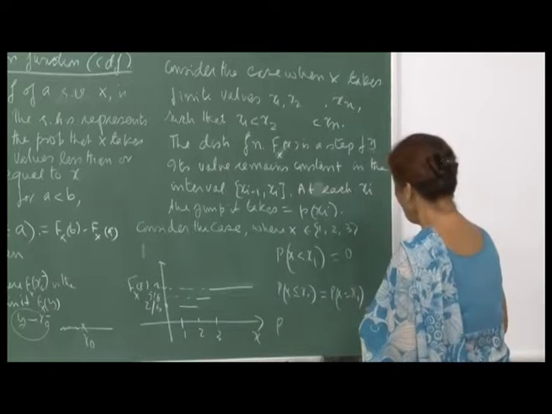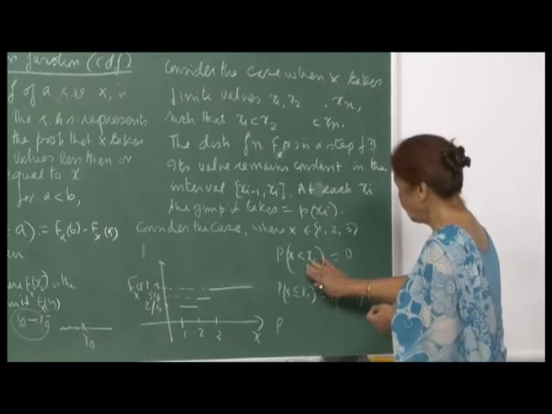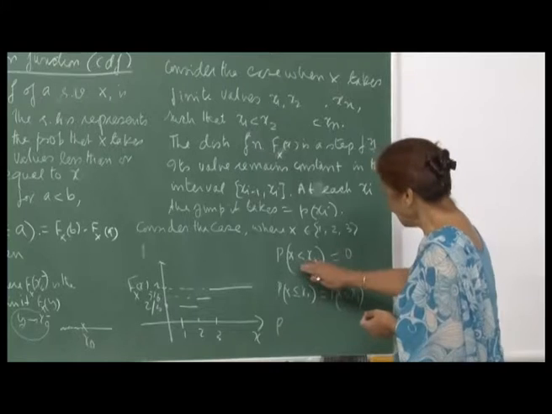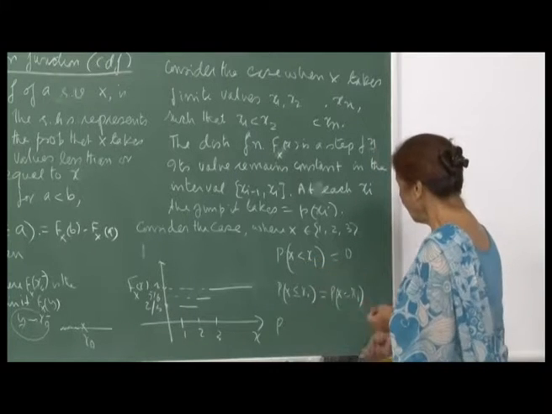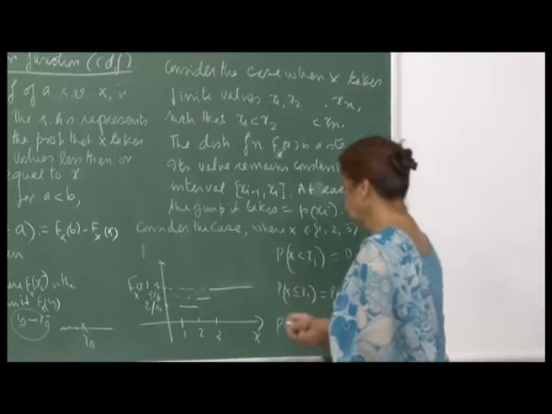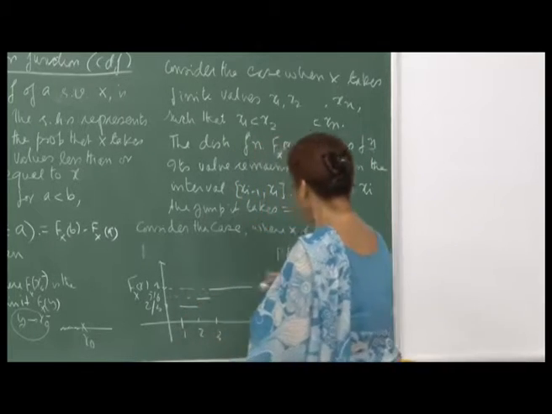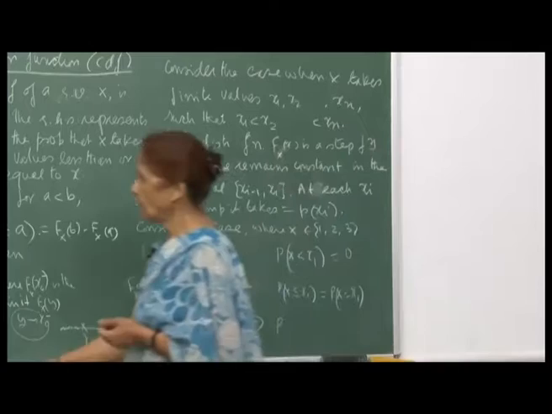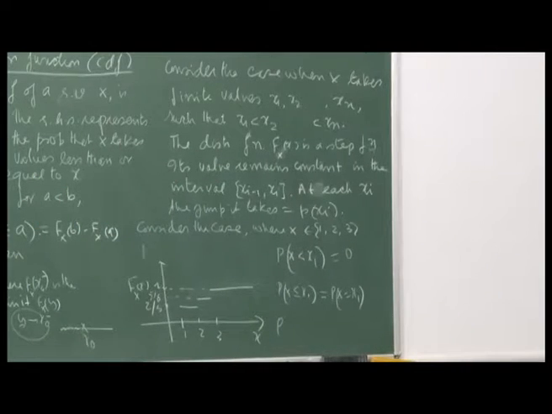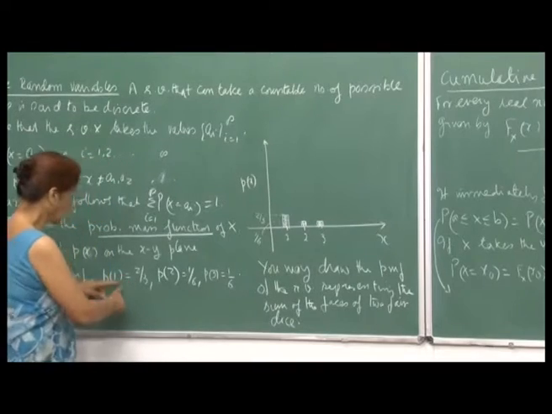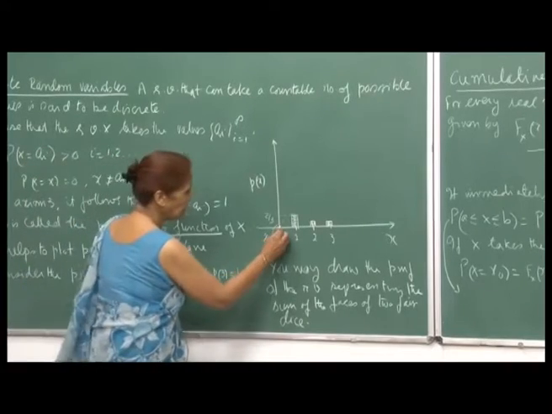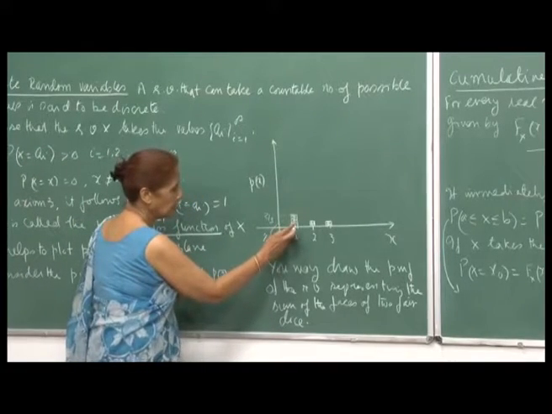Now, that means up to values just less than x 1, if you want to draw the graph, which I am showing you here. Okay, I have drawn the graph. Let me show you the graph for this first. Here the random variable is taking the value 1, so before that the value will be 0.